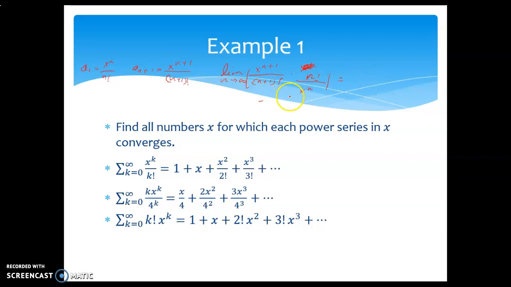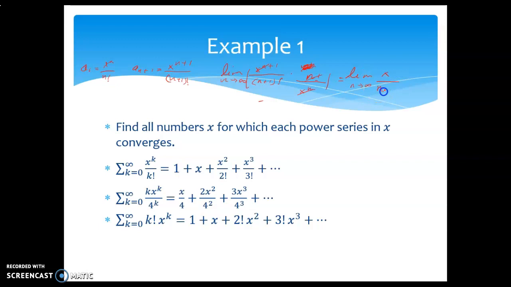So we're going to say the limit as n goes to infinity. x^n will take care of x^n here, and we will have x raised to the power of 1. Then n factorial and n factorial take care of each other, and we're going to have n plus 1 on the bottom.